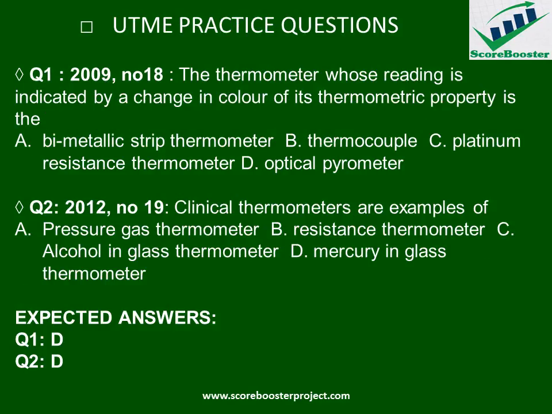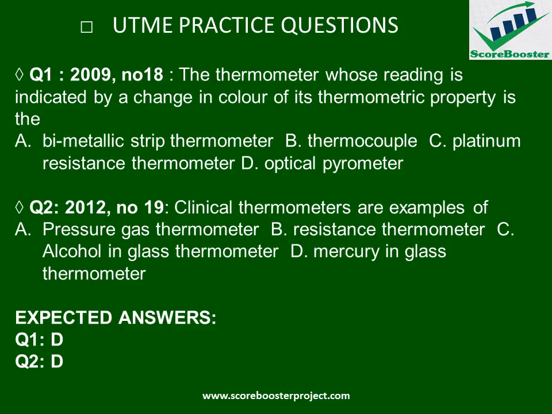Now, here are some other questions for your own practice. The first question for your practice comes from 2009, number 18. The question goes thus: the thermometer whose reading is indicated by a change in color of its thermometric property is the dash.